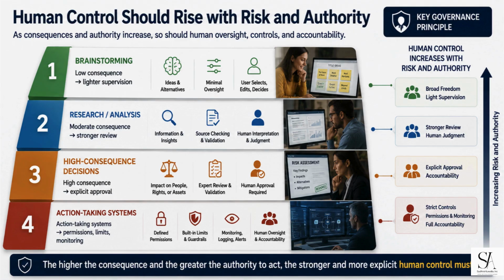Governance, therefore, includes several connected forms of control. Strategic governance establishes objectives, risk appetite, decision rights, and responsibility. Data governance determines what information may be used, who may access it, where it came from, and whether its use complies with privacy, confidentiality, consent, and other requirements.